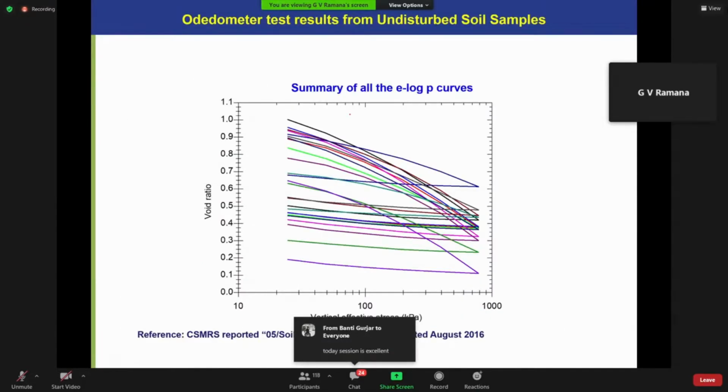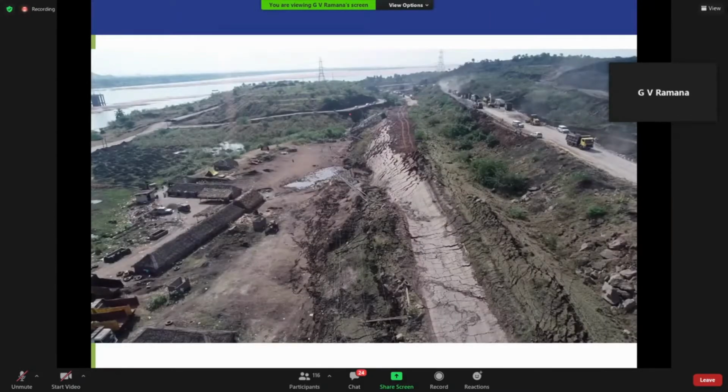These are the e-log-p consolidation test results conducted by CSMRS on undisturbed soils, which I'm not aware how they obtained, but it also shows high compressibility. And this is the spill channel, which is towards the right bank. I hope you can see a small dump here. This is the overburden mine dump, which these people are dropping there, and it induced a failure all the way down to the river.